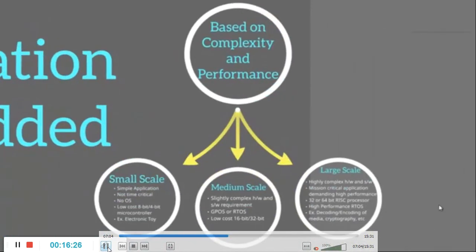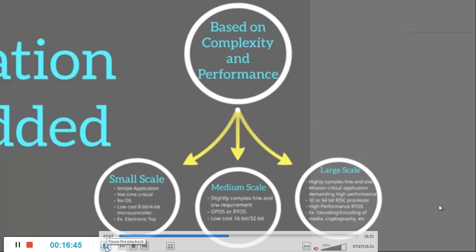Based on complexity and performance, embedded systems are further classified into three categories: small scale, medium scale and large scale embedded systems.